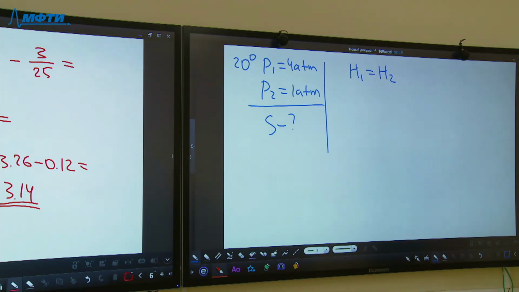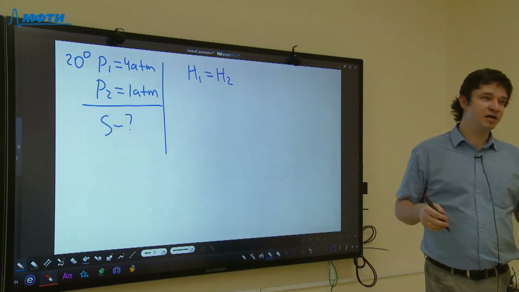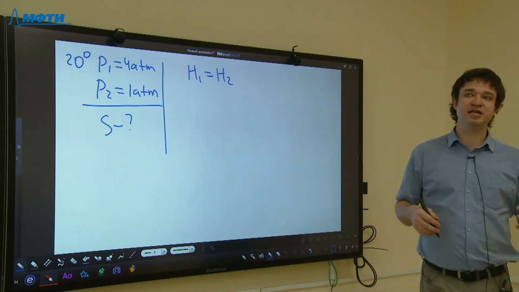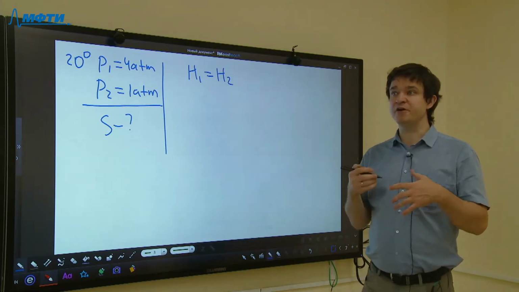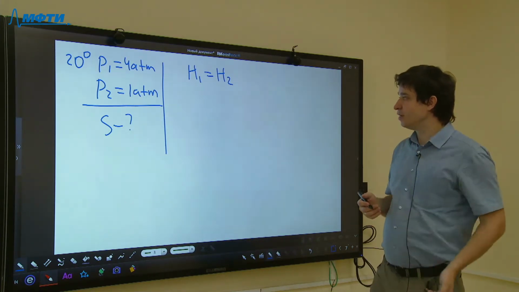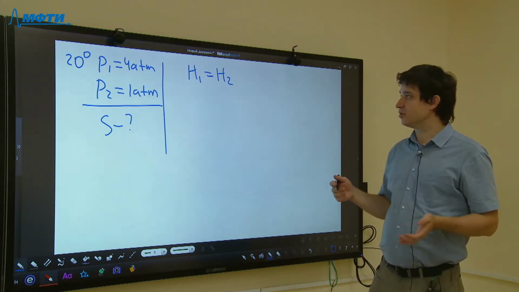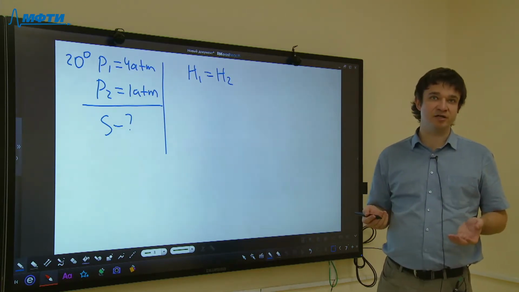Entropy, according to our second lecture about the second law of thermodynamics, is a function of state. So that means that if we are somehow able to calculate the initial state and final state, then we would be able to calculate the entropy.